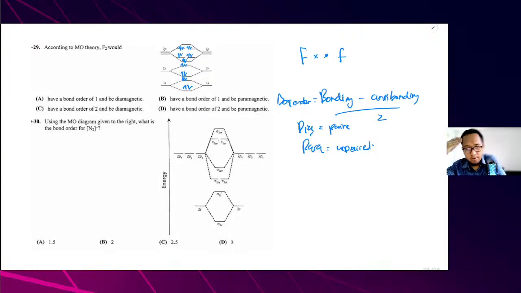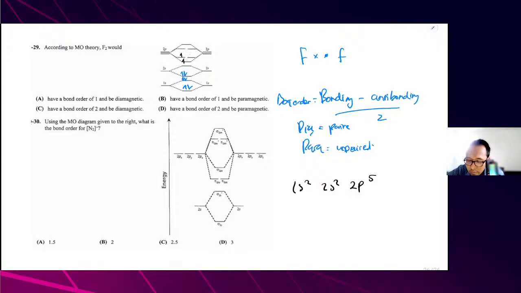F is 1s2, 2s2, 2p5, right? 2p5. Okay. To be 5. 1, 2.